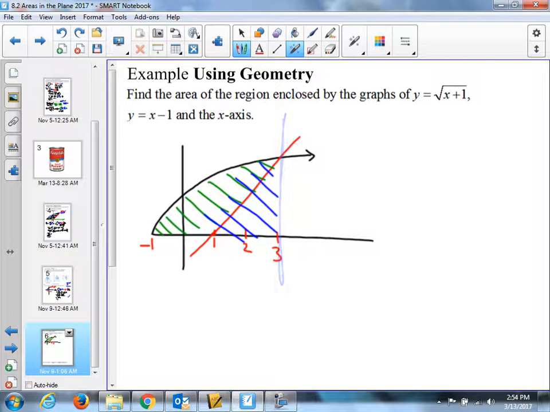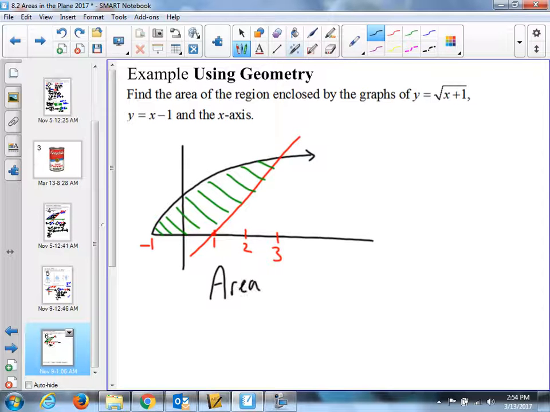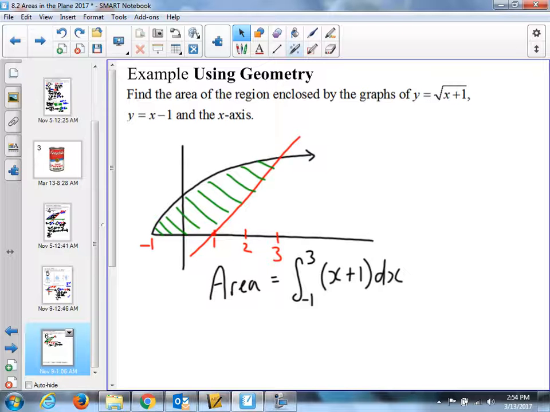Triangle. And you know how to subtract, or you know the area of a triangle, right? Yes. So if you do the area by finding the integral from -1 to 3 for root x plus 1, right? And you could do an integral, but why would you?